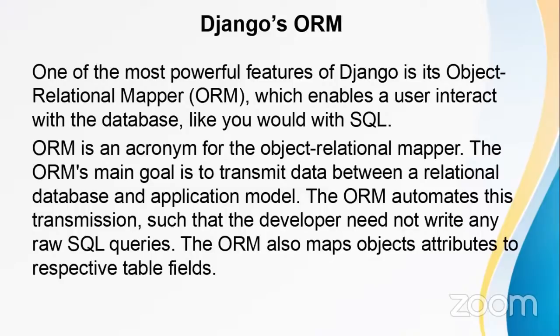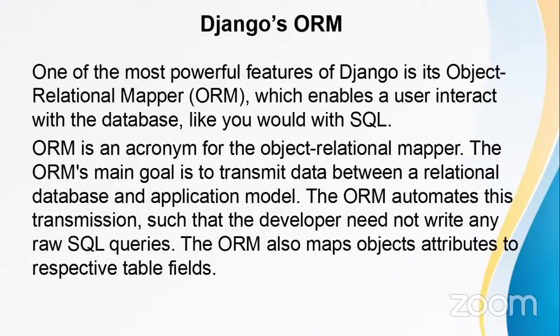Now, an object relational mapper helps us transmit data between a relational database and an application model. So with Django, you can easily transmit data without actually writing raw SQL queries. It helps us automate the transmission of how we are going to get our data. The ORM also maps object attributes to respective table fields.